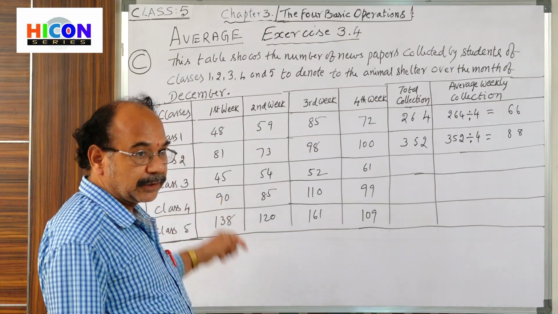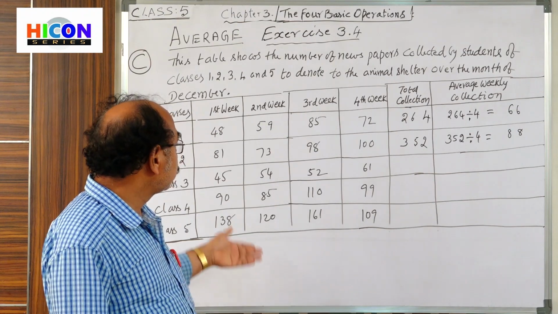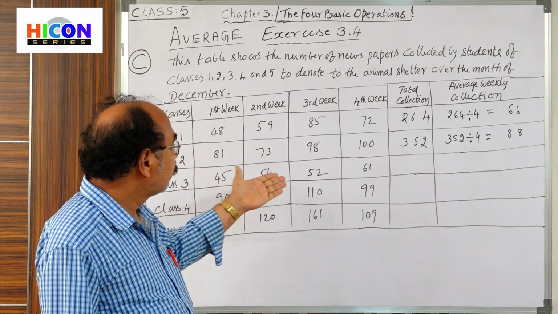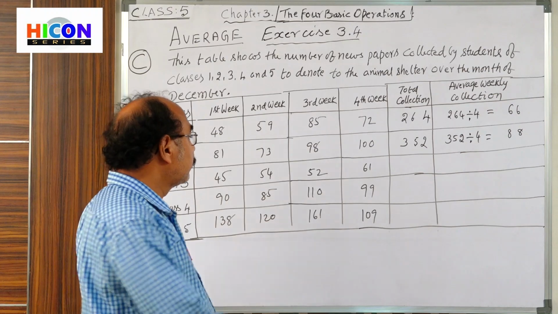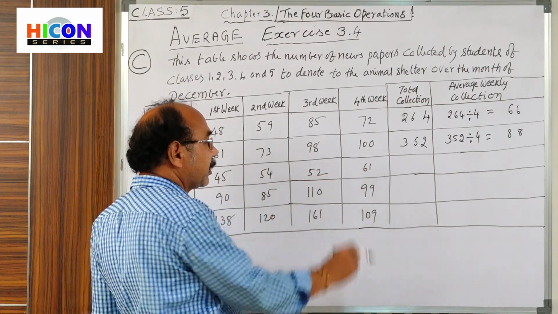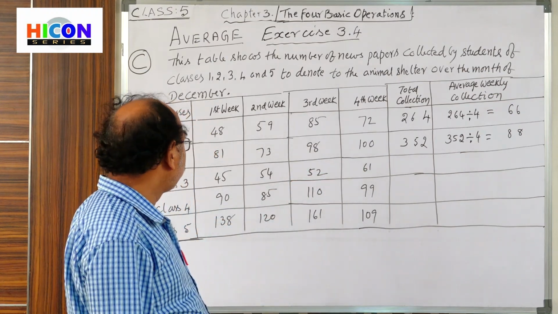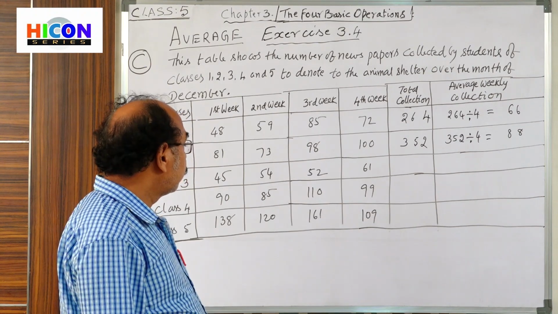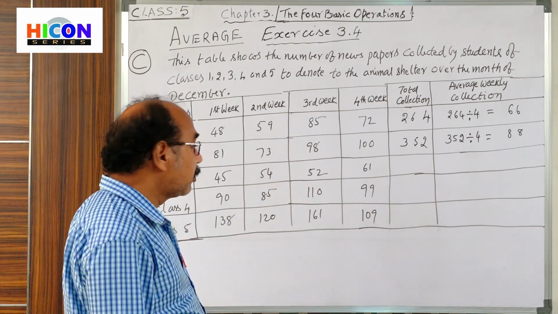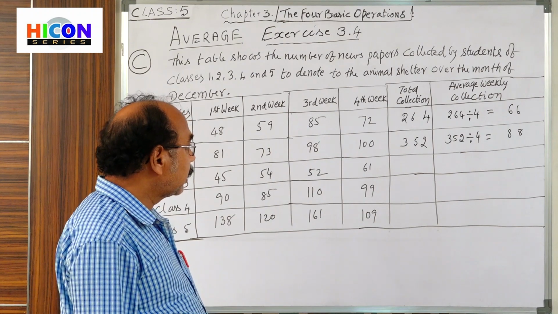Now come to third class. Third class students, first week collection, second week collection, third week collection, fourth week collection. Average you have to find. First of all, total collection of newspapers of third class.